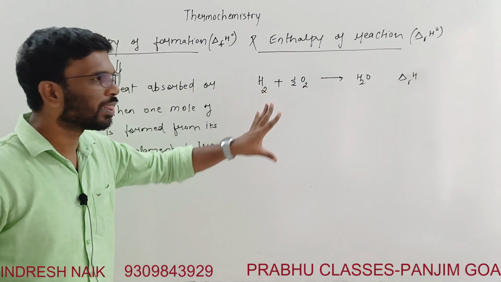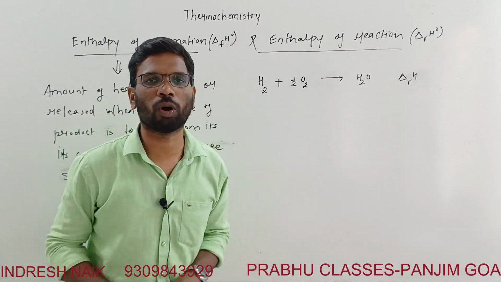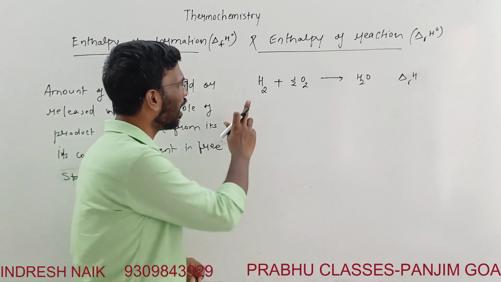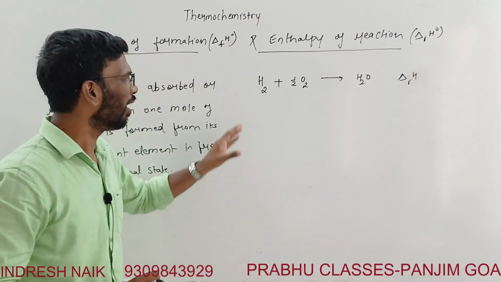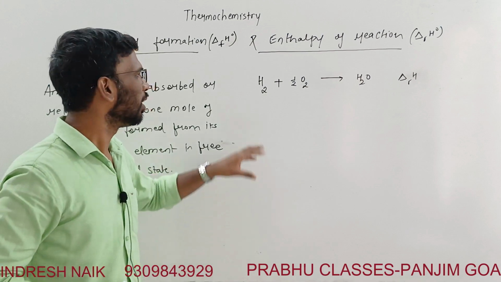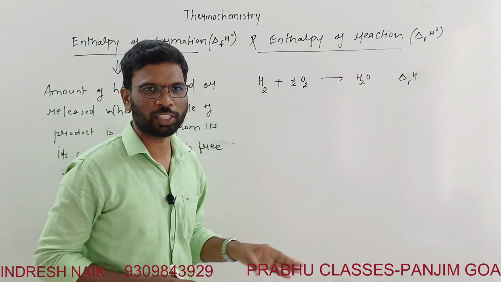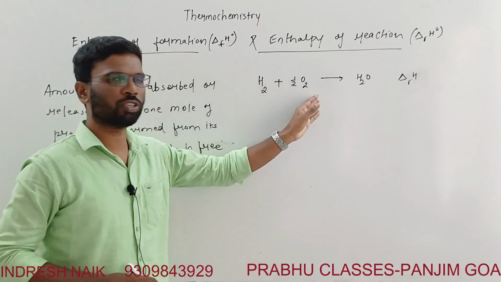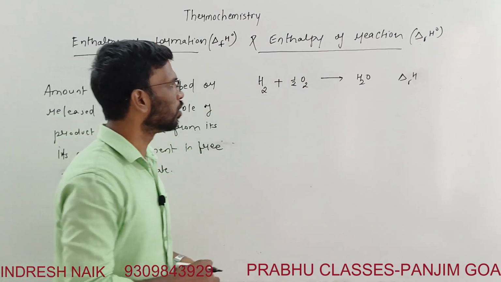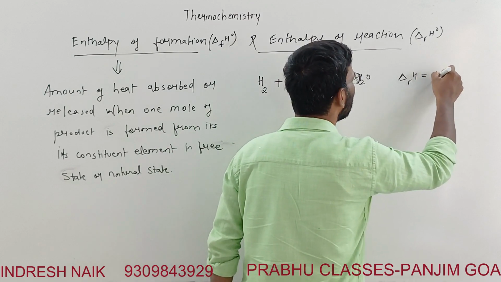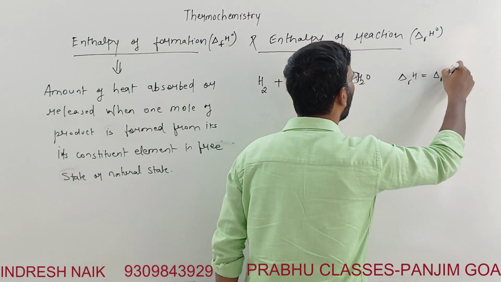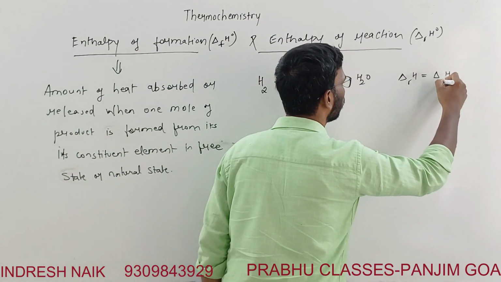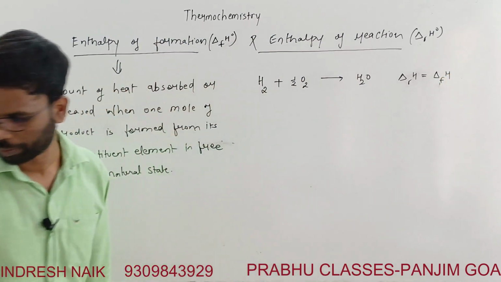Here the enthalpy of the reaction will be equal to the enthalpy of formation, because hydrogen and oxygen are in the standard state. Standard means it is in a free state. Naturally hydrogen exists as H2 and naturally oxygen exists as O2. So here enthalpy of the reaction is equal to enthalpy of formation. We can write F over here, F for formation. This is one example.